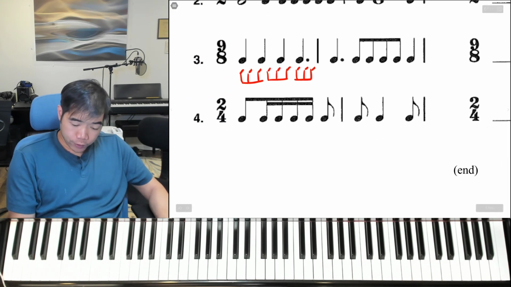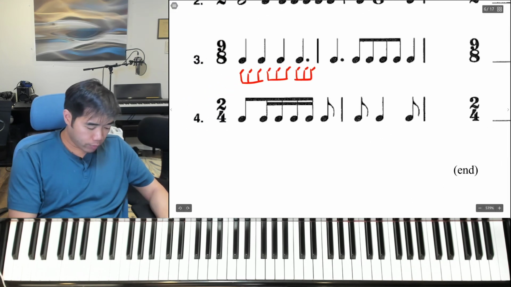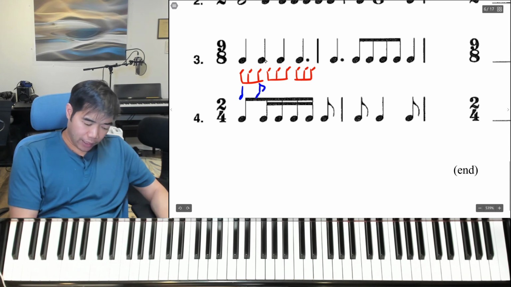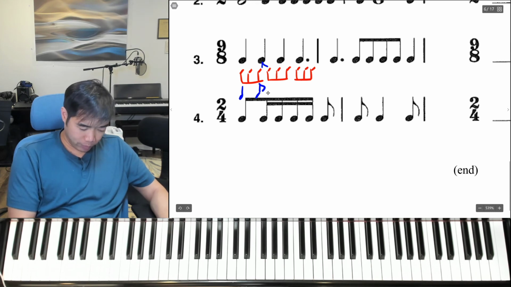So if we do this here, final example, that means this quarter right here is perfectly fine. We can leave that as a quarter. But this needs to be an eighth here. And it needs to be an eighth that happens to be tied to another eighth, because this is this, but it's between a beam.